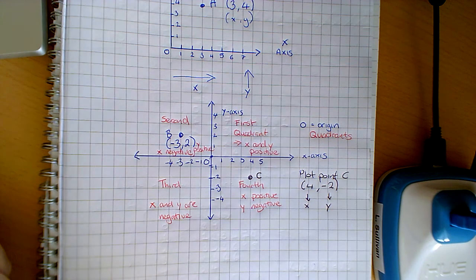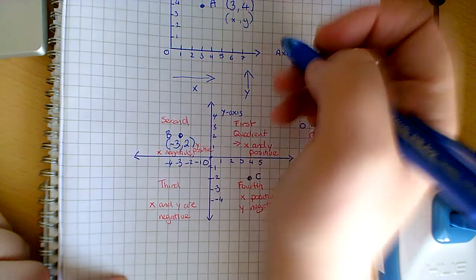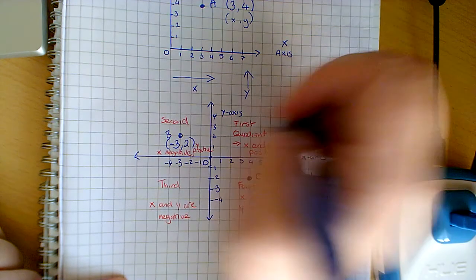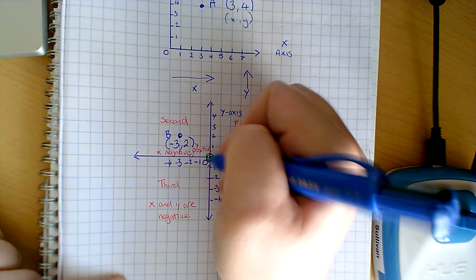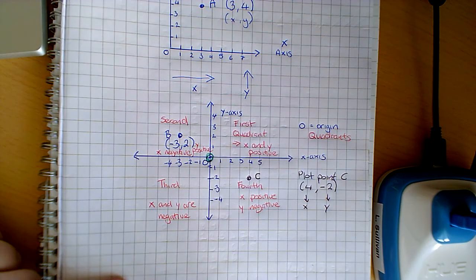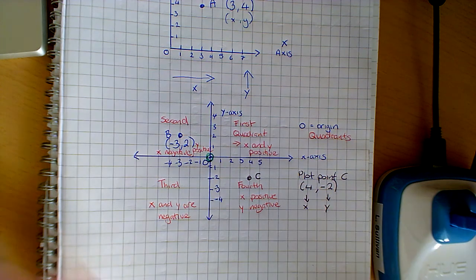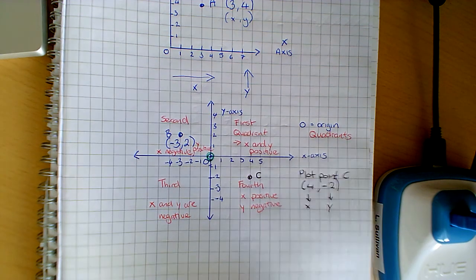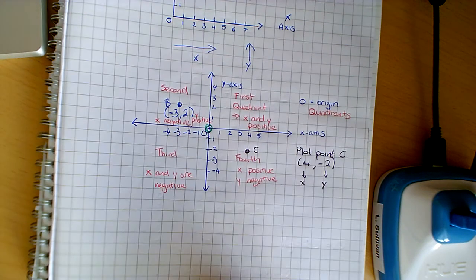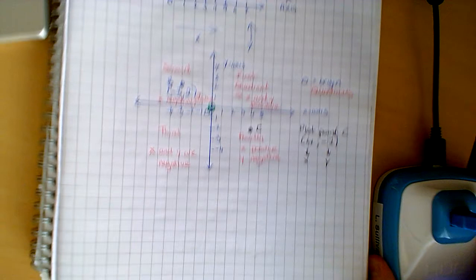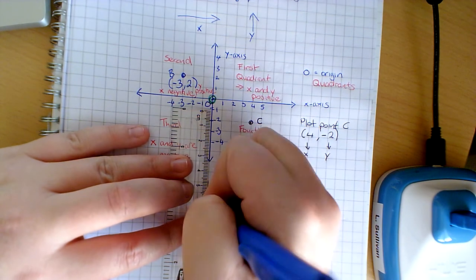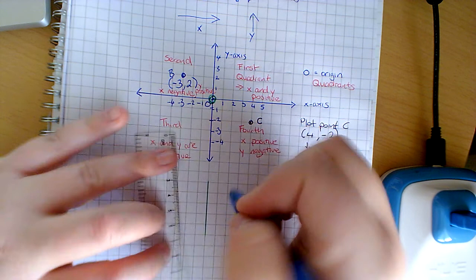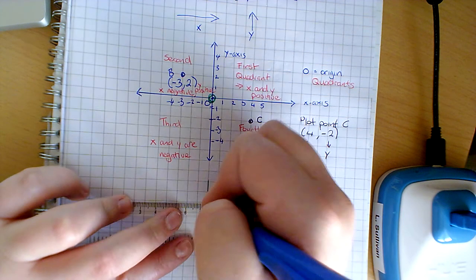Now, the other thing that we need to be aware of is that these points from our origin can also be seen as directions. Okay? So I'm just going to draw another small grid, and we'll say just a couple of points in each direction.